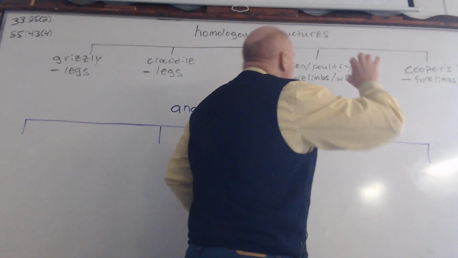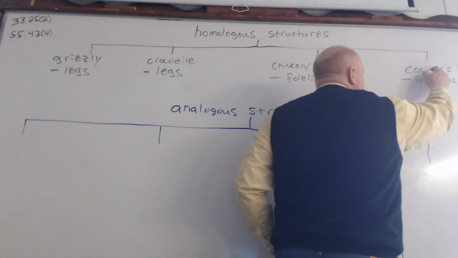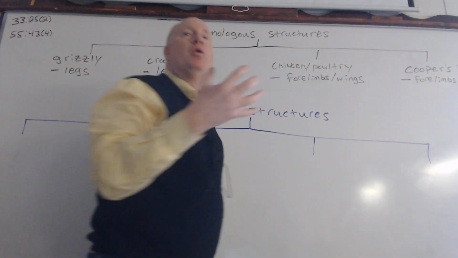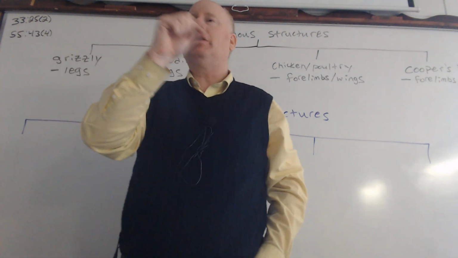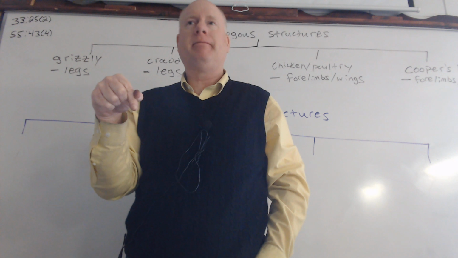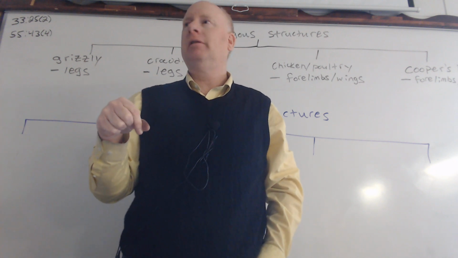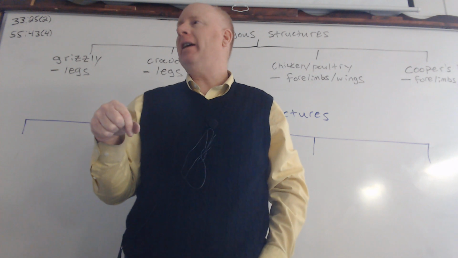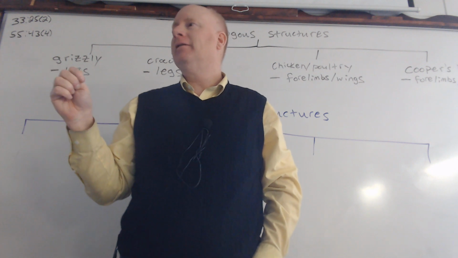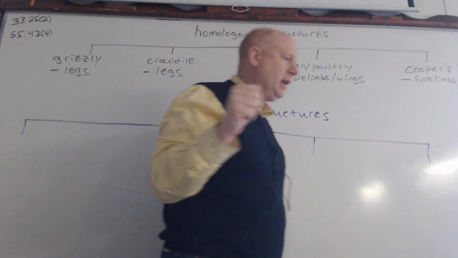Now, for chicken and poultry, or the Cooper's hawk, what would they have in common? Who may they have evolved from? We talked about it today. It's a really hard word to say. Starts with the letter A. Someone take a stab at it. Say it again. Yeah. Archaeopteryx. That's right.